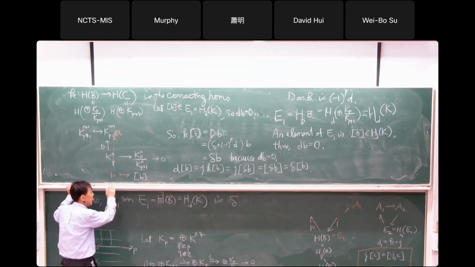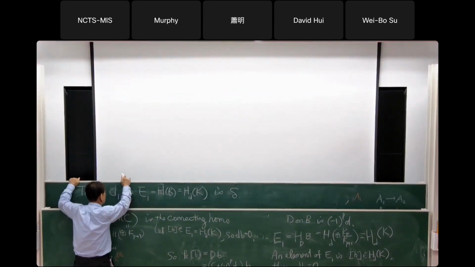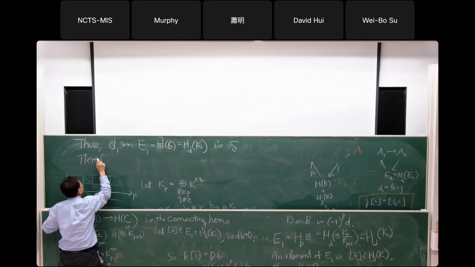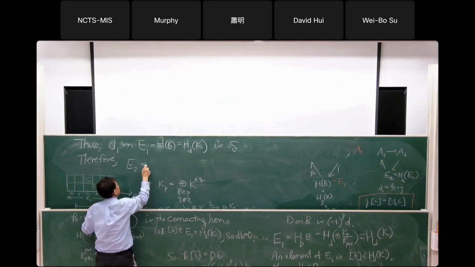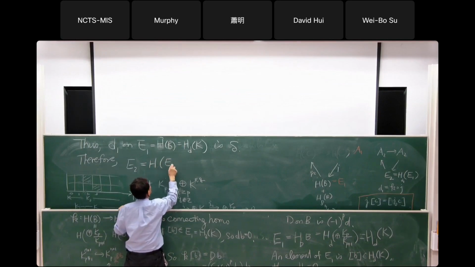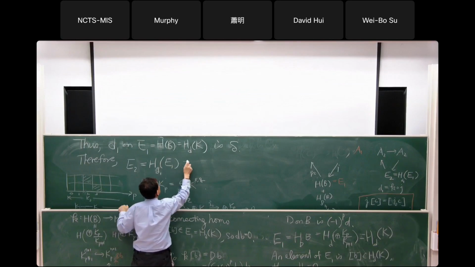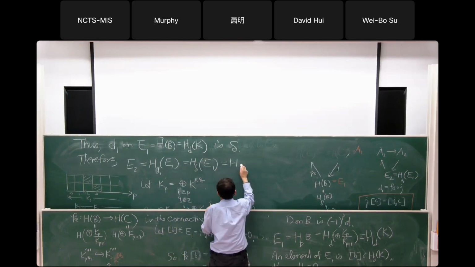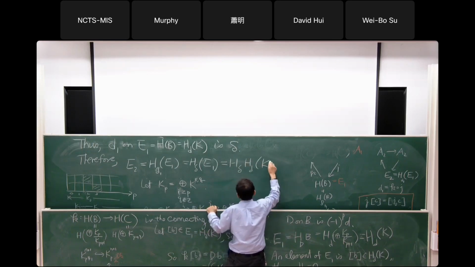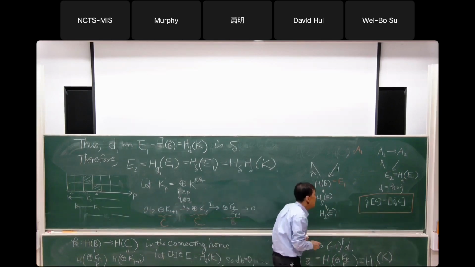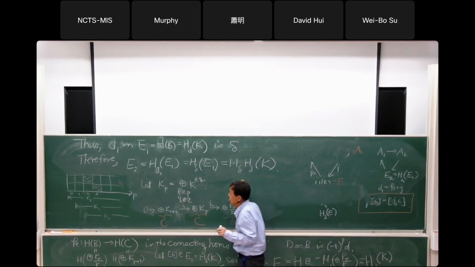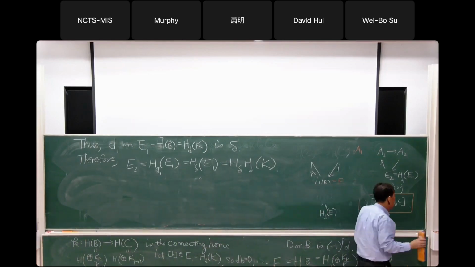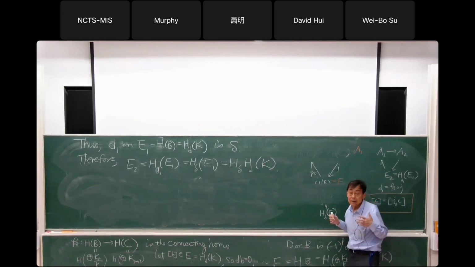And therefore E2, which is the homology of E1 with respect to D1, is H_delta of E1, and E1 is H_d of K, so this is H_delta H_d of K. So you see that the spectral sequence of a double complex actually starts with H_d and then H_delta H_d. And that's what we had before.